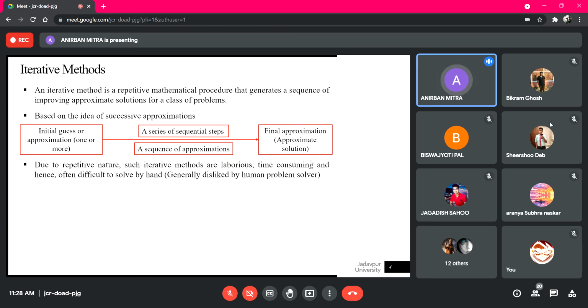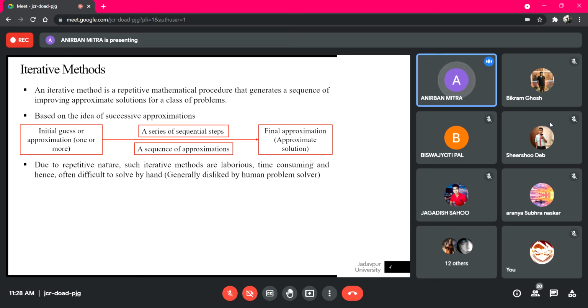One thing that we have established is that it is repetitive in nature. And as a result of that, these methods are quite laborious, time consuming, and not to mention, quite simply, boring. These are difficult to solve by hand, and because of the nature of these calculations, doing these by hand is generally disliked.